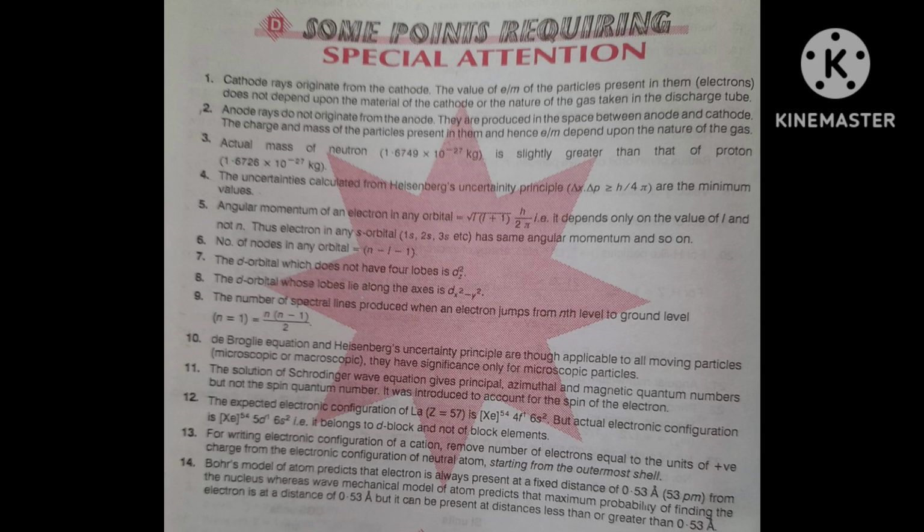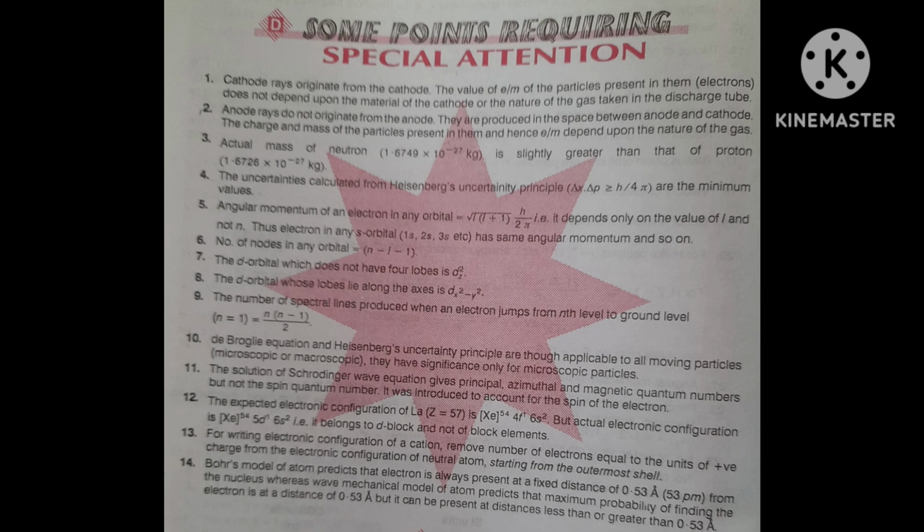Correct? Anode rays do not originate from the anode. They are produced in the space between anode and cathode. The charge and mass of the particle present in them, and hence e/m, depends upon the nature of the gas.